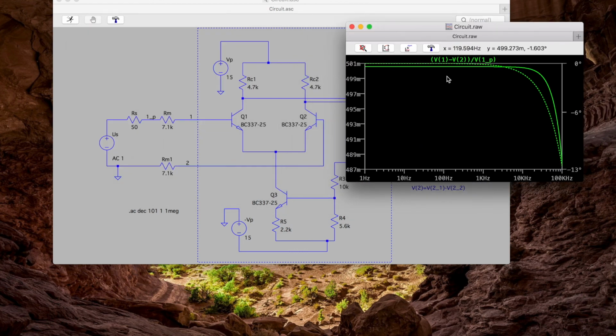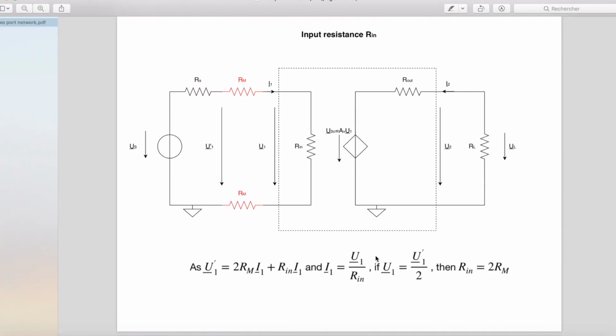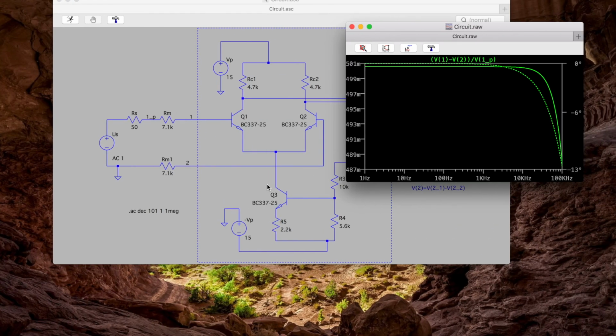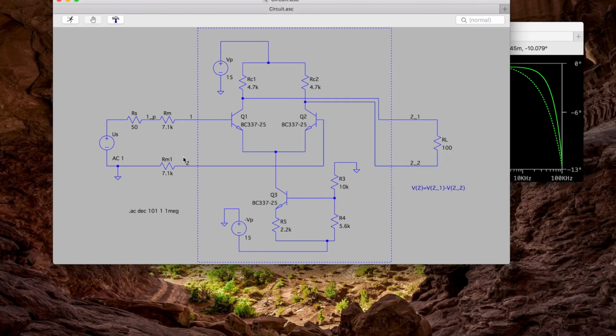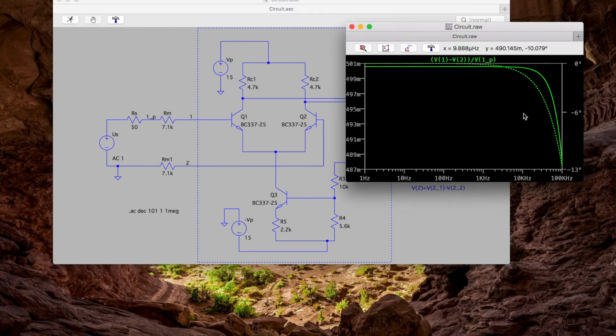And here we can see that for Rm equal to 7.1 kilo ohm, U1 is equal to U1 prime divided by 2, so Rin is equal to 2 times Rm, so to 14.2 kilo ohm. So we obtain here the good result because the symmetry is maintained. So it is important to be careful with this and always compare your result with other experiments or with the theory.